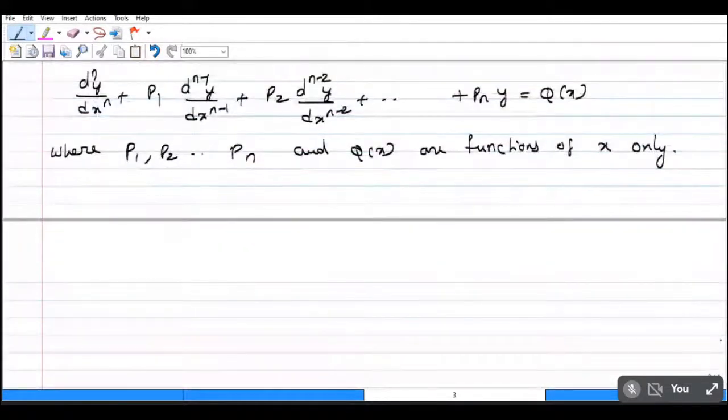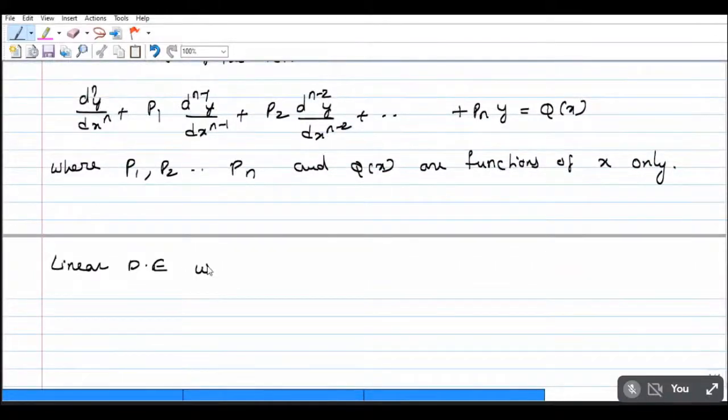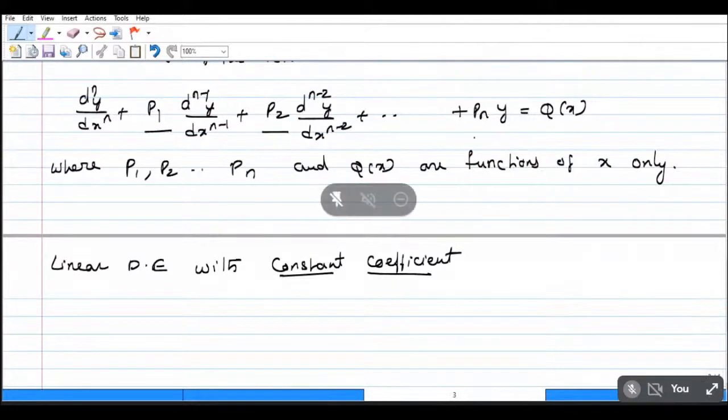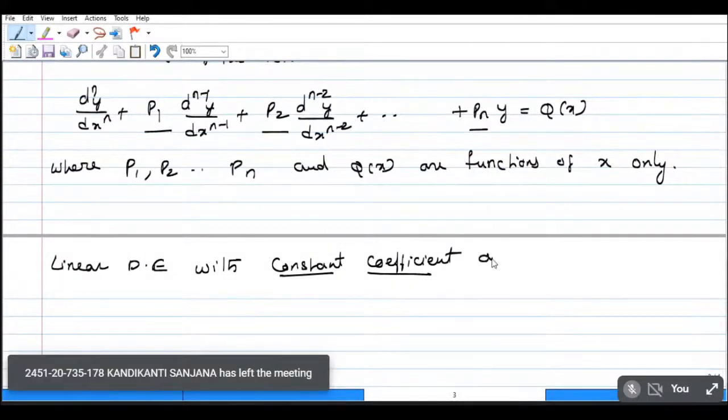See, this is a linear differential equation. Now, next point: a linear differential equation with constant coefficients. The name itself tells you, the coefficients p1, p2, and so on pn are just constants.